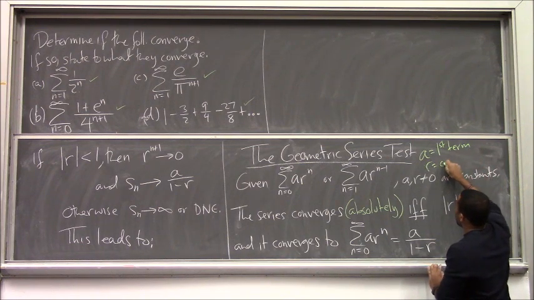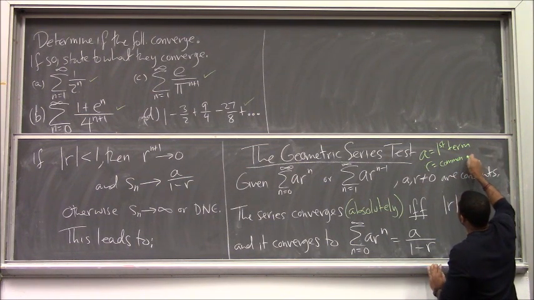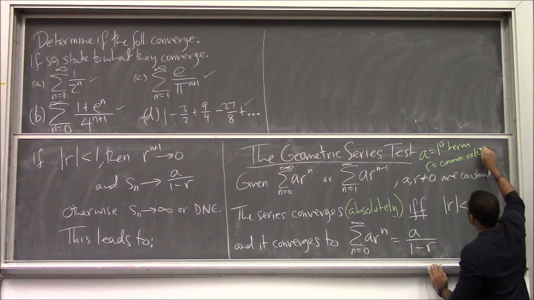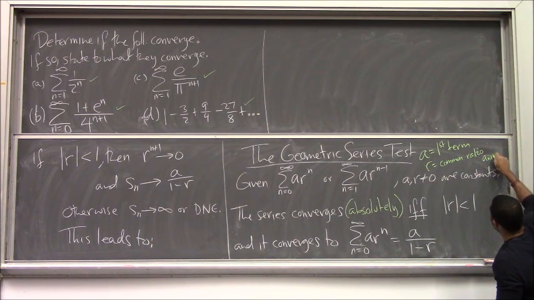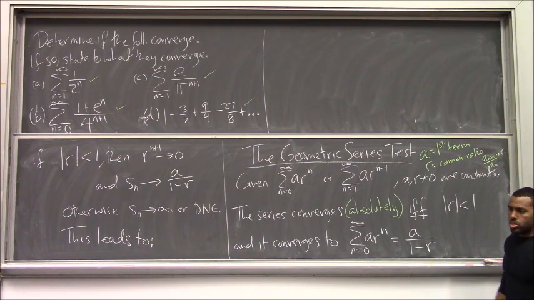R is what's called a common ratio. It's called common ratio because if you take a n plus 1 and divide by a n, you always get r as the answer. So it's just a ratio that's consistent throughout the series.